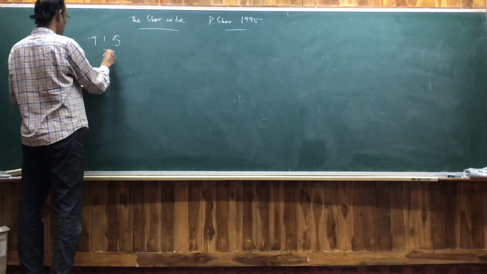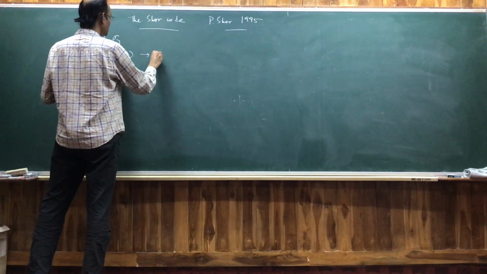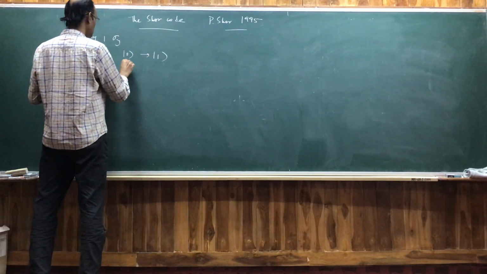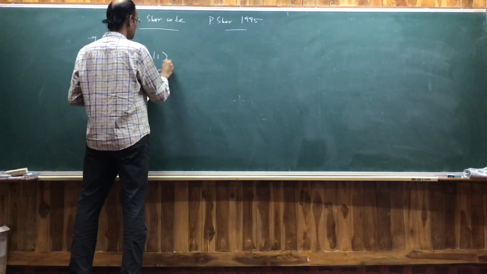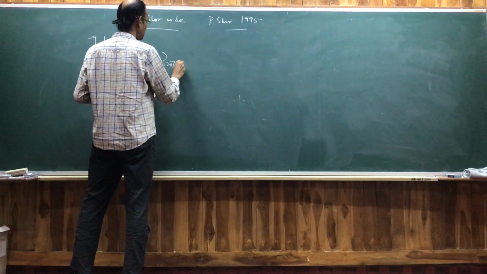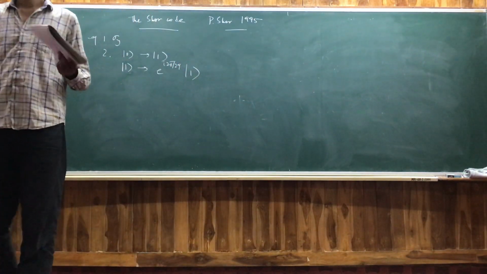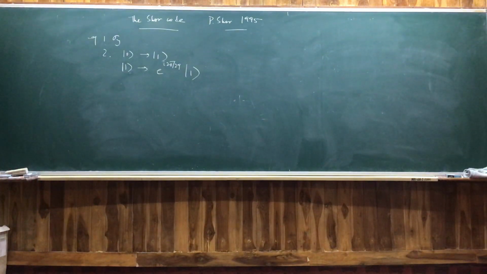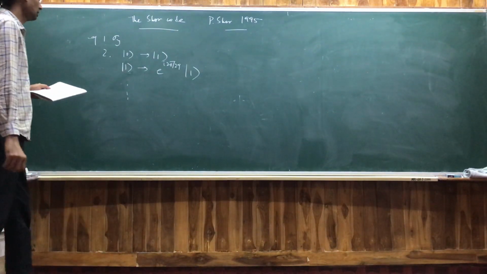Or you can have 0 going to 1 and 1 going to something like 2 pi by 29 1. You can have anything, as Divyansh was mentioning, some small change that can happen, and there can be many others.